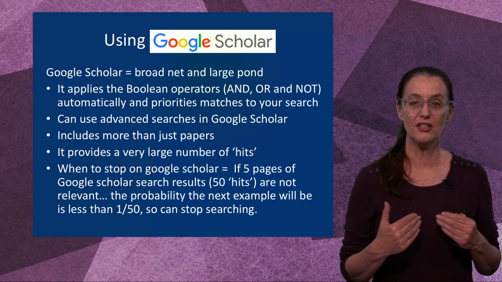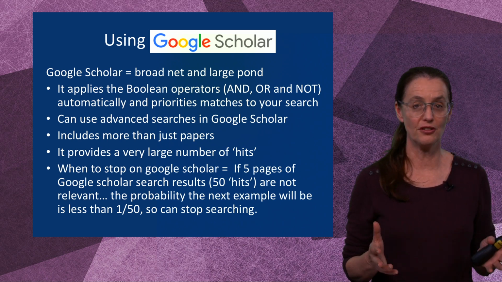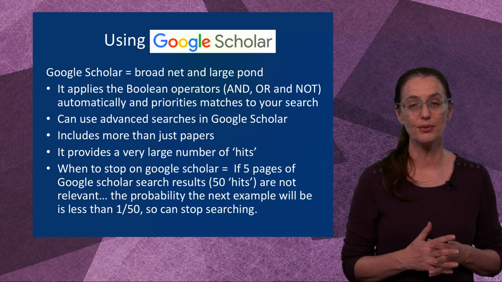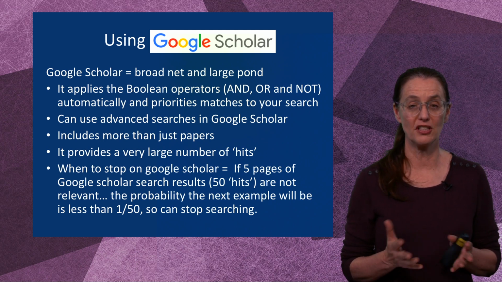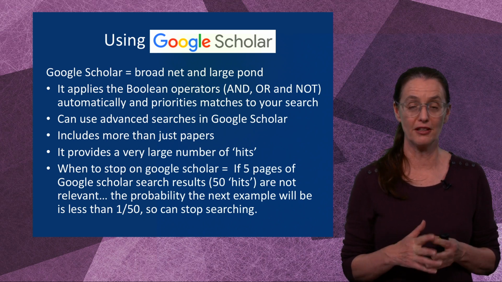But one of the issues is how to say, have I found enough literature? Because you don't want to go checking all 750,000 hits. And there's a really simple strategy you can use here, which comes from research about a strategy called mark recapture.